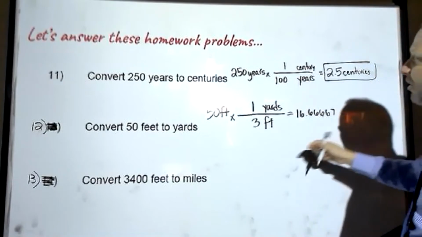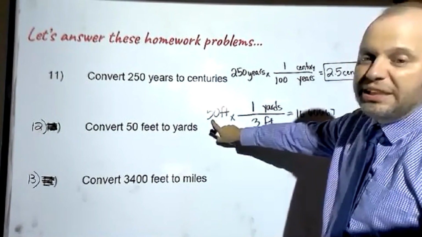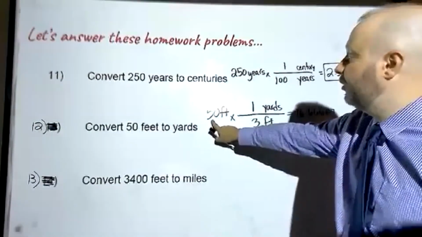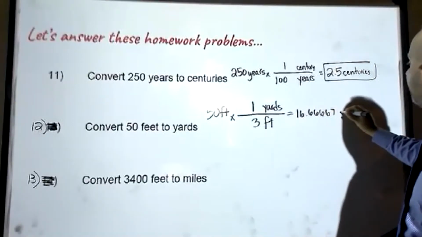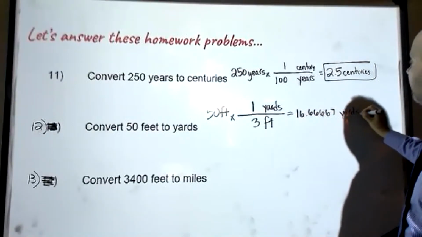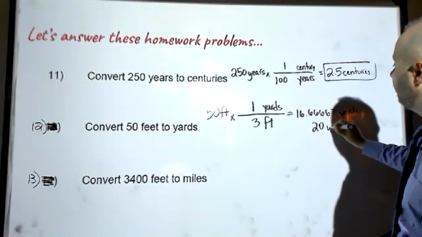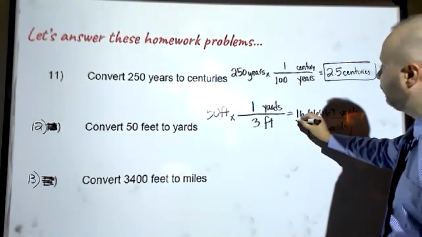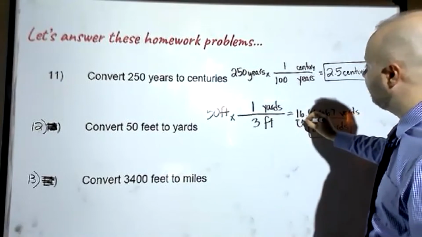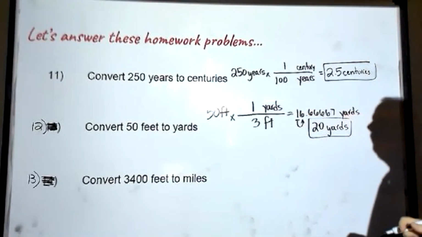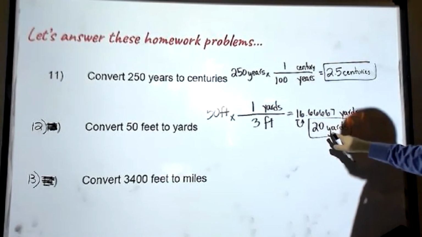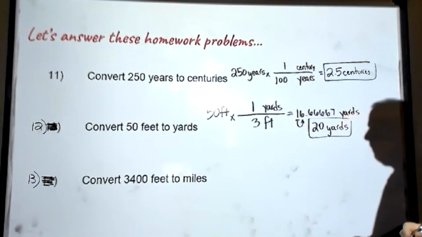Sometimes it ends with a 7. We're only allowed to keep 1 significant figure. So 50 has 1 significant figure in it. So we're going to write this as just 20 yards. So here's the figure that you can keep, significant figure. You look behind it, it's a 6. So that 1, which is in the 10 spot, becomes 20 yards.